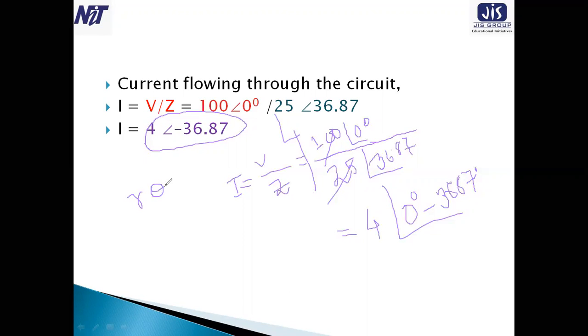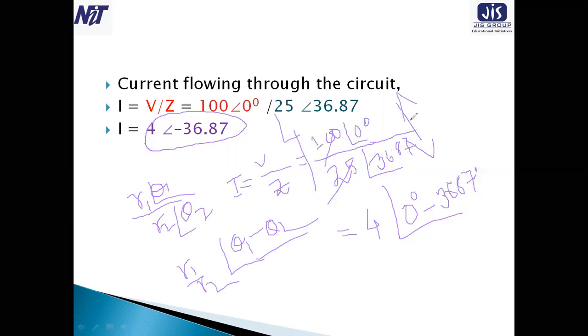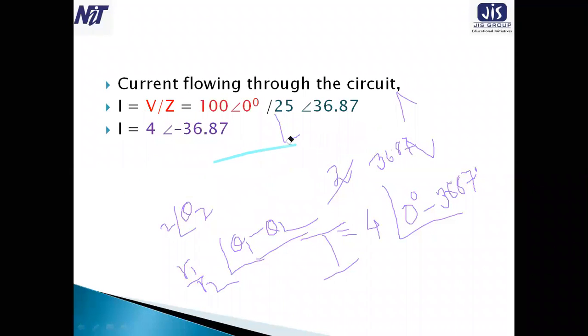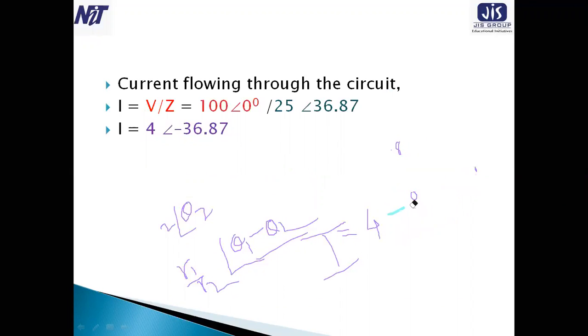Suppose this is R1 angle phi 1 and R2 angle phi 2. The formula is R1 by R2 angle phi 1 minus phi 2. This formula we use here to calculate the value of the current, that is equal to 4 angle minus 36.87 degree. So in this way we can find the current of the circuit.